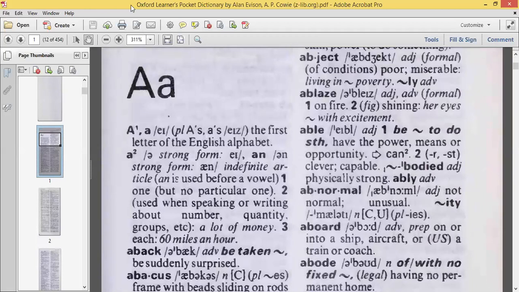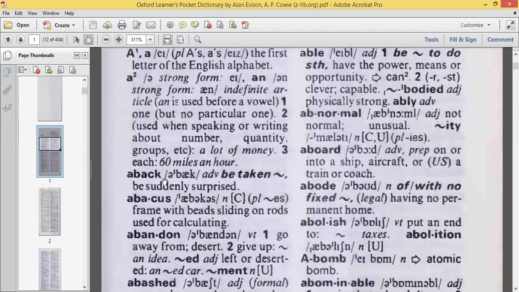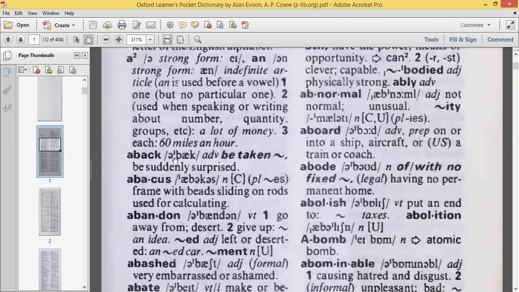For example, let us look at this word, aback. After the word, we have the pronunciation of the word and we have the meaning of the word. Pay attention that this is an English dictionary. It doesn't contain any Arabic words, so it tells you the meaning of the word in English.